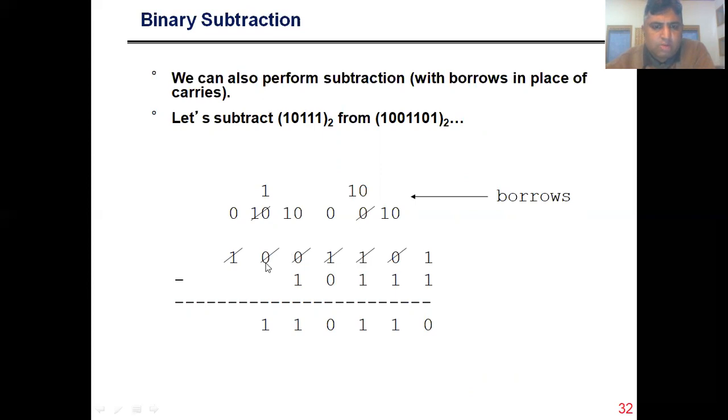So this one will be 1. 1 minus 0 is 1, and this is already 0 because we have already taken its borrow. So this is the difference of these two binary numbers. It is similar to decimal numbers, but the only difference is that when you take a borrow, you deal with binary quantities, not decimal quantities.